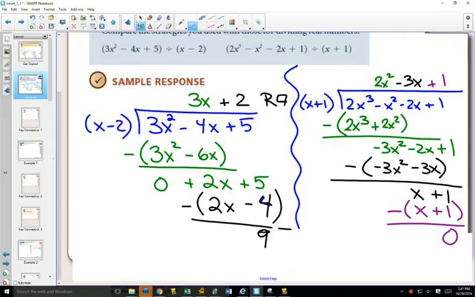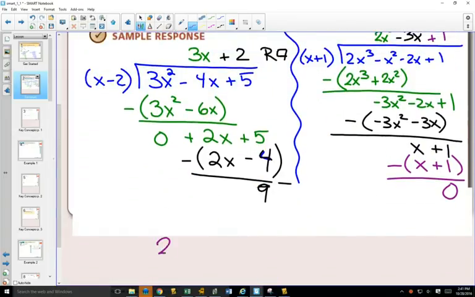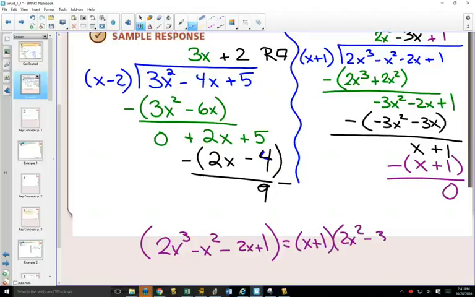Because what we just figured out, when it has a remainder of 0, we can now say, let me write this out, that 2x cubed minus x squared minus 2x plus 1 is equal to x plus 1 multiplied by 2x squared minus 3x plus 1. And so we have started to factor it. And because this is a quadratic, you already know how to factor that. You could factor this even further.